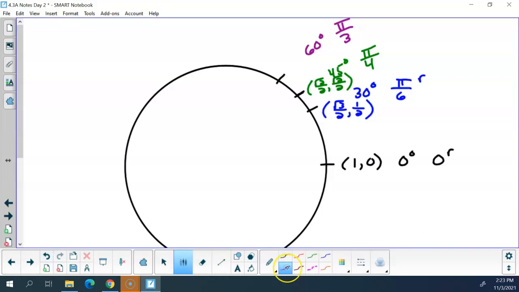Coordinates. Then we got straight up. 90 degrees.